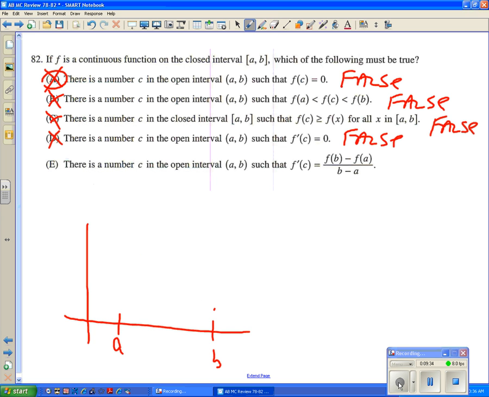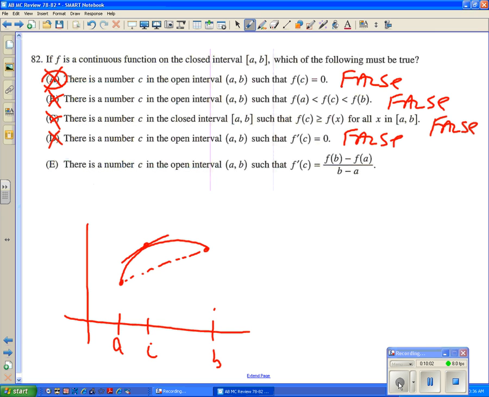It says there's a number in this interval A to B such that the derivative of C is equal to the so-called difference quotient. Well, if f of A and f of B are here and there, that difference quotient is displayed by this slope, f of B minus f of A over B minus A. We know that no matter how we draw a continuous function between these two, there will be a moment somewhere where it's going to have that slope.